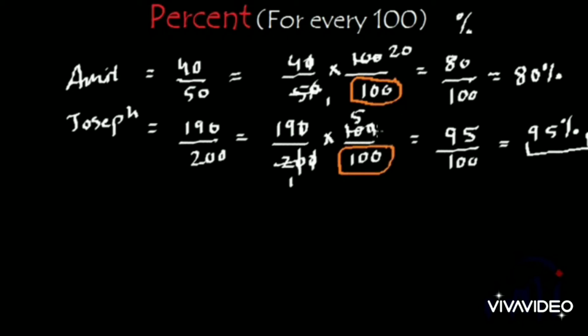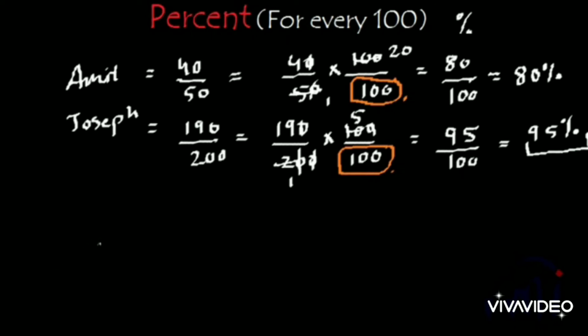Why? Because we need 100 in the denominator over here, and we simply solved it and got how much percent of marks Amit is getting, that is 80%, and how much percentage of marks Joseph is getting, that is 95%.